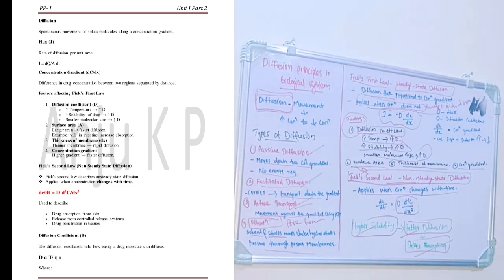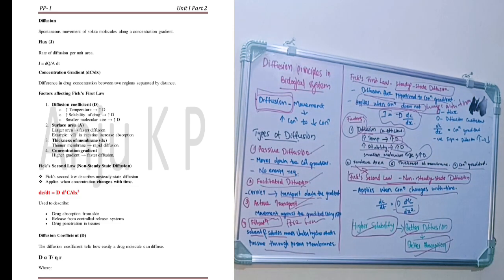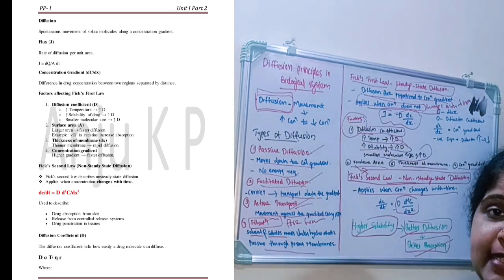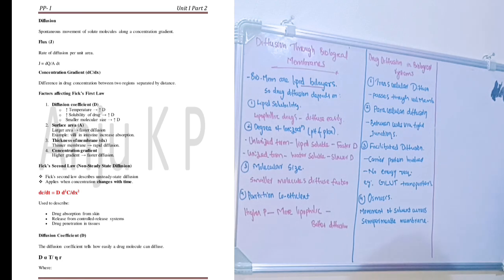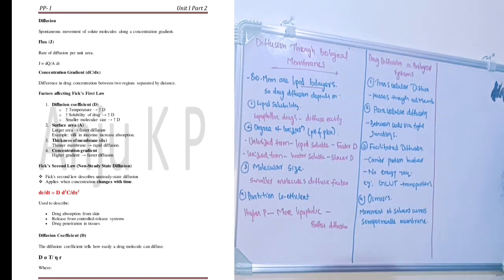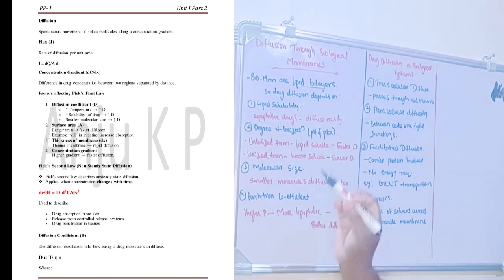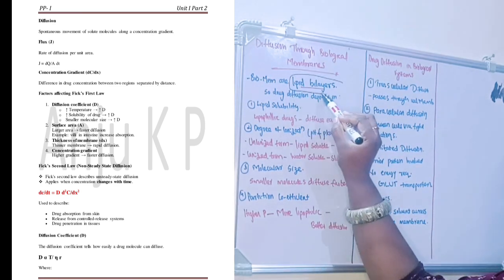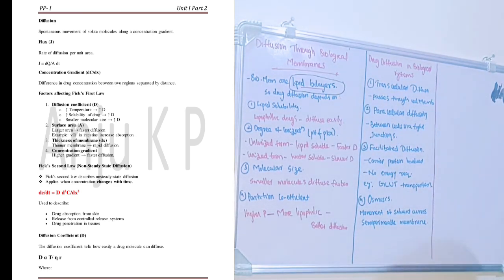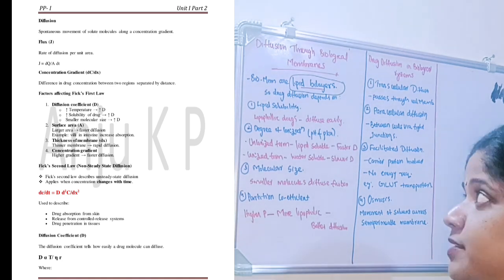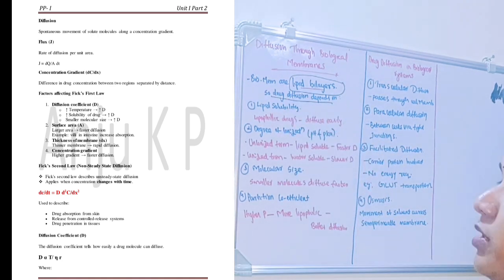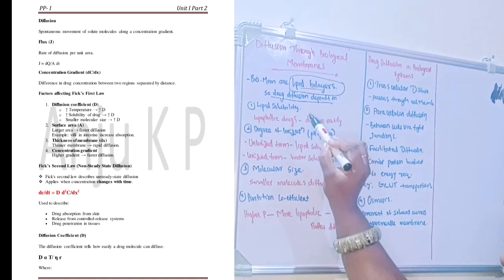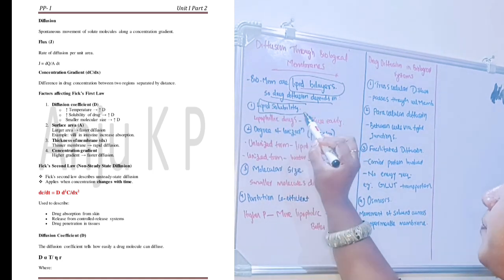Now we will see how diffusion takes place in a biological system. Now we will talk about diffusion through the biological membranes. Okay, so we know the biological membranes are lipid bilayers. So drug diffusion depends upon several factors such as lipid solubility.